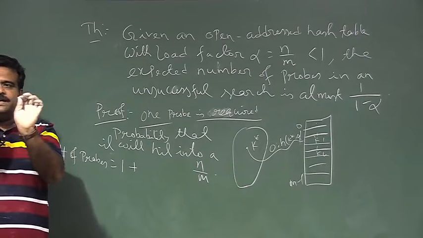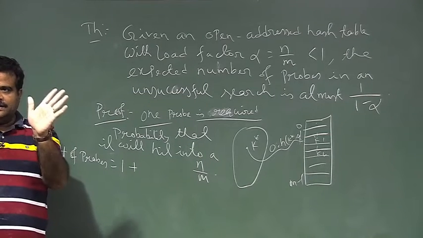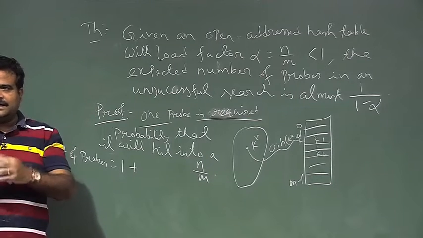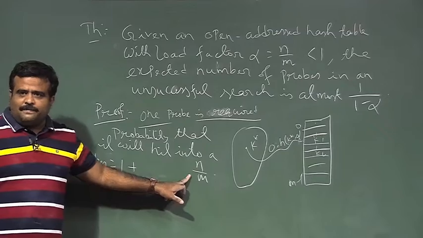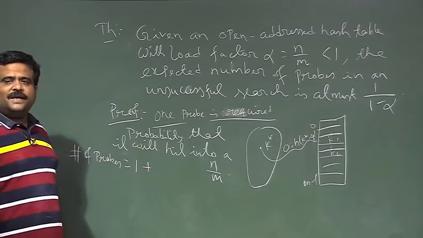So, if we can hit any one of these n, that is just the classical definition. So, with this probability n by m, we will go for the next probe.